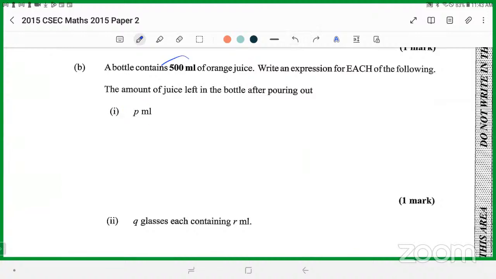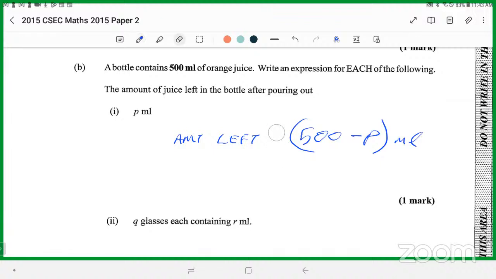So if you have 500 there, you pour out P, the amount left is going to be 500 subtract P milliliters. That's the amount left. Since it said expression, I'm just going to put something like this. Let's say amount left is this. And I'm putting on my unit.